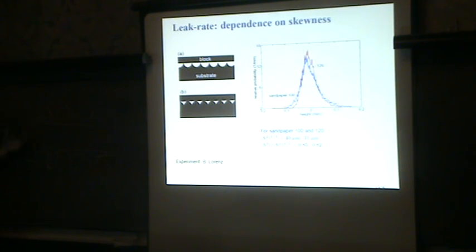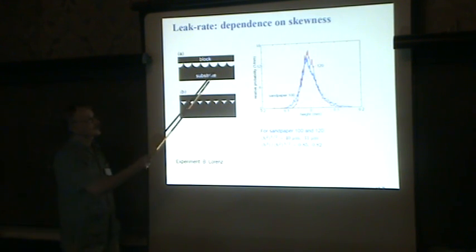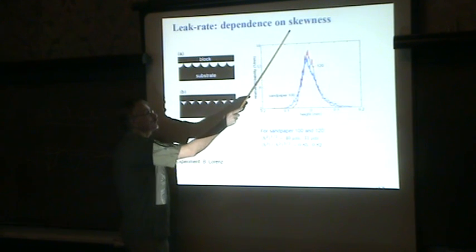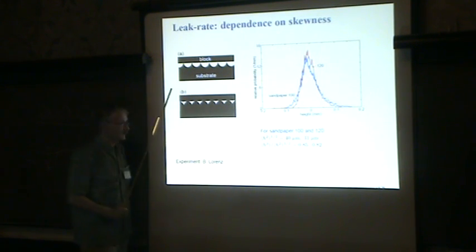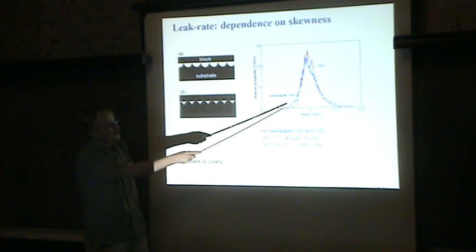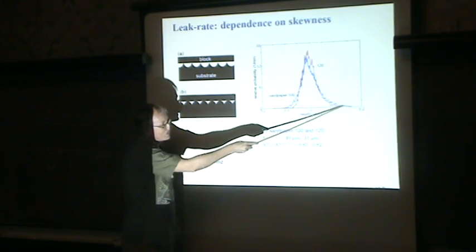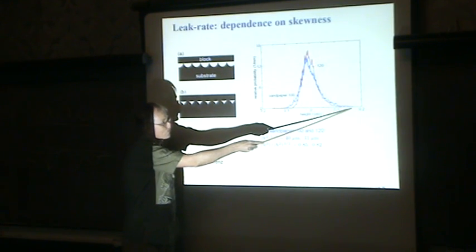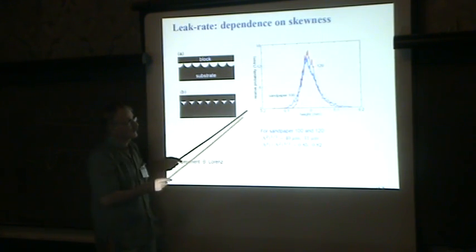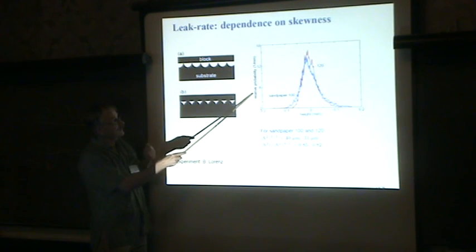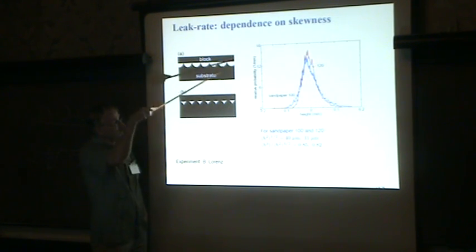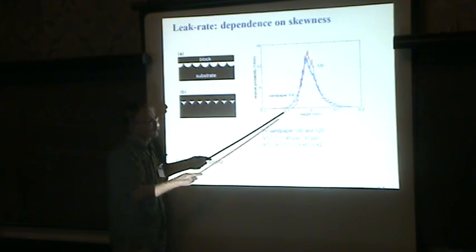So this will not have a Gaussian height distribution. This will have a skew. This surface will have skewness. I cannot really pronounce it very well. But if you look at the height distribution, it will have a tail extending to higher heights than in the opposite direction. This is the relative probability of the surface height as a function of the height.